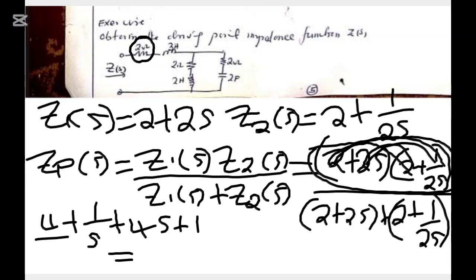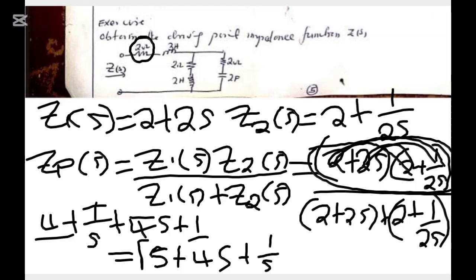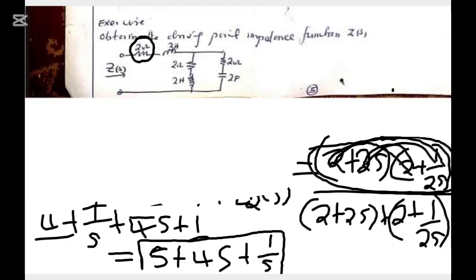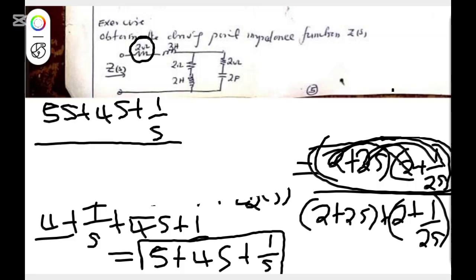So this will now be equal to 4 plus 1, I'll have 5, plus this 4S, and also plus this 1 over S. So this is the numerator: 5 plus 4S plus 1 over S, divided by this.